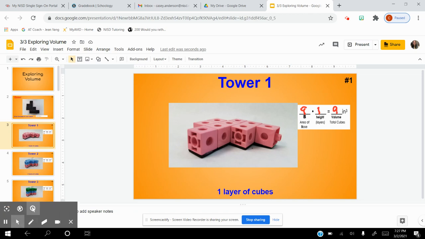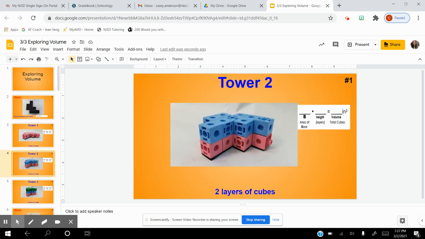Well, let's see what happens if we still have that first pink layer, but now we stack a blue layer on it. It's still those 9 cubes, just stacked on top of each other. The area of the base, that bottom shape, was those pink cubes, those 9 cubes. Now I've stacked the pink layer once and the blue layer a second time, so there are 2 layers.